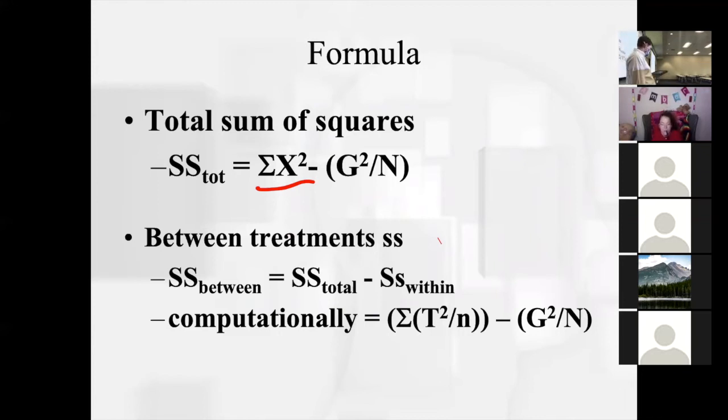That between treatments sum of squares is the same as what we did on Monday. It's just a function of that total sum of squares minus the within subjects sum of squares. Or you can do it computationally, such that you're taking the sum of t squared divided by n minus, again, that g squared divided by n, right?